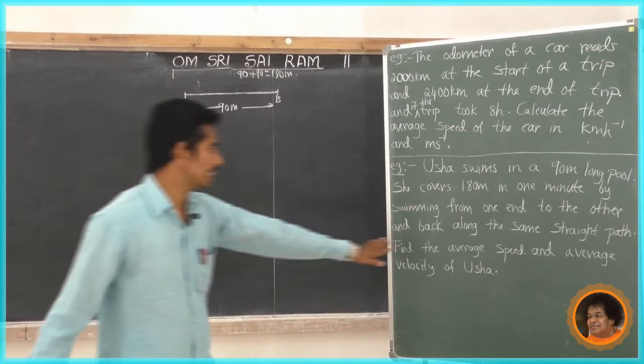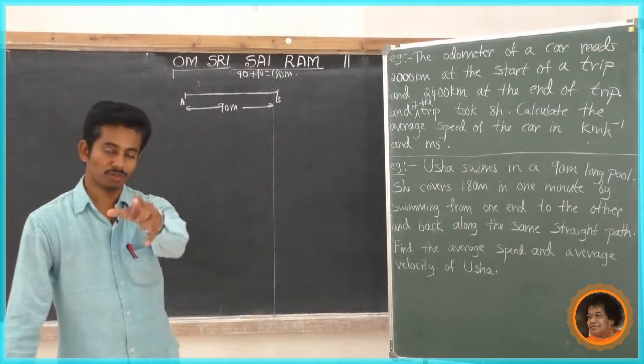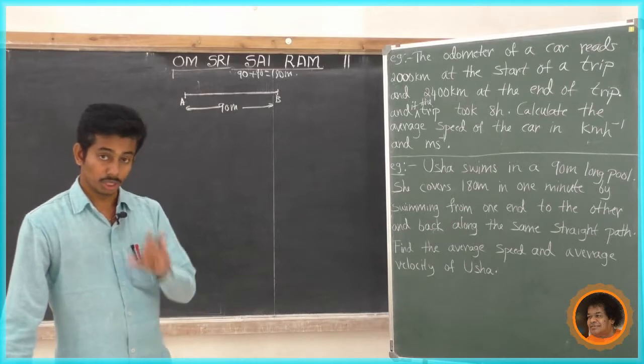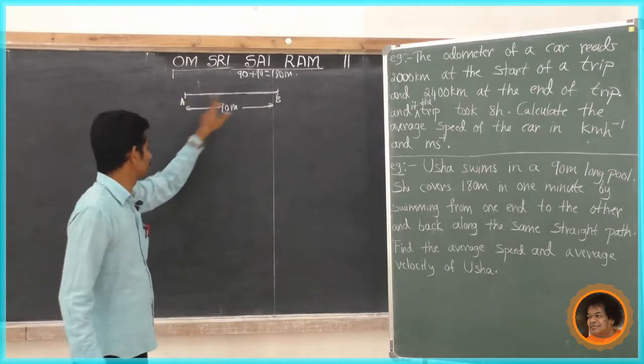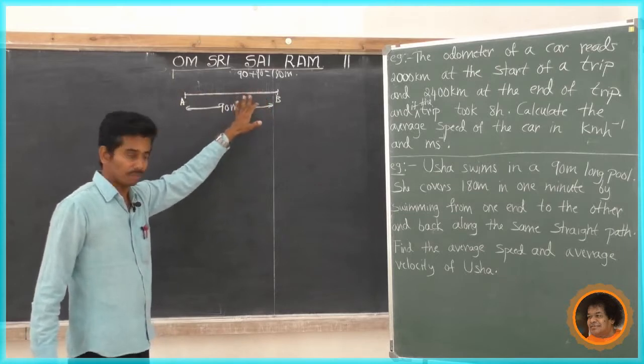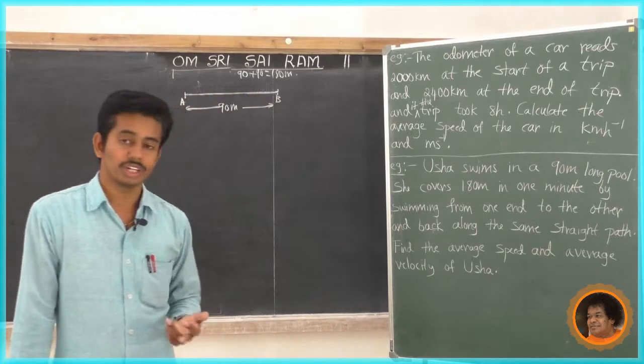Find the average speed and average velocity of Usha. Why is it velocity? Because she swims in a straight line. So, it is velocity. Find the average velocity as well as average speed.